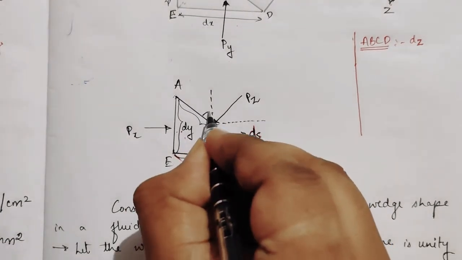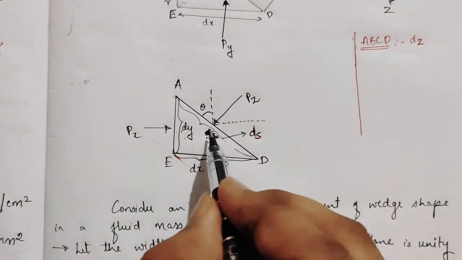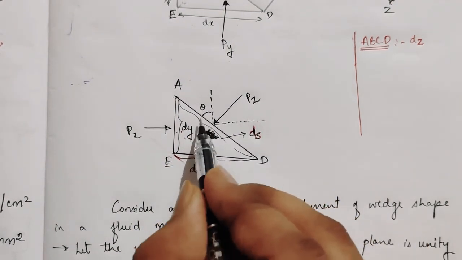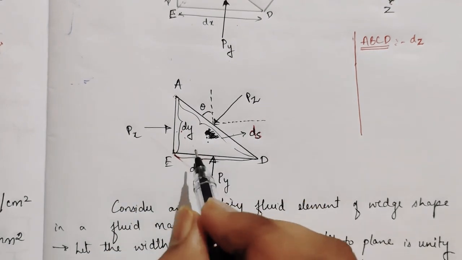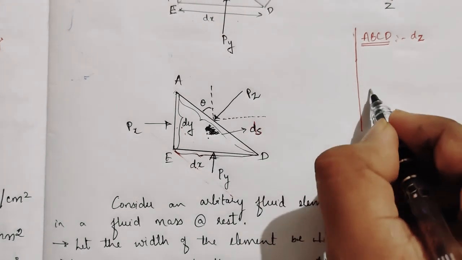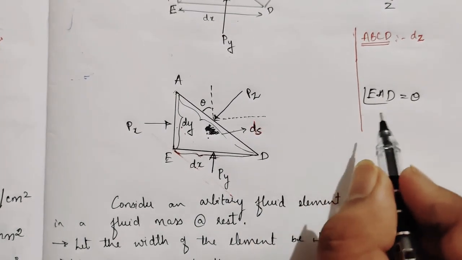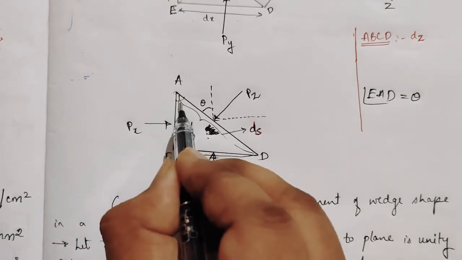This is theta, and now PZ, this is theta, right? The angle EAD is also theta. So this is also theta and this is also theta.